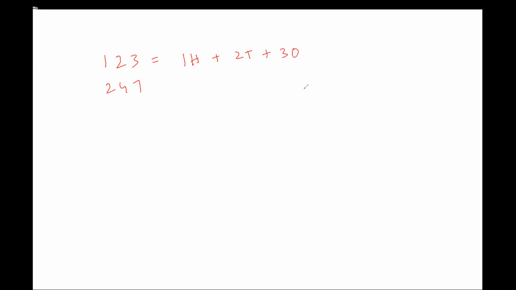Yes or no? And 247 is 2 hundreds, 4 tens and 7 ones. I'm sorry if you feel bad that I'm teaching you this, but you learned this in UKG, LKG, or whatever.